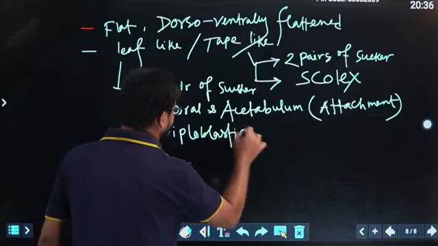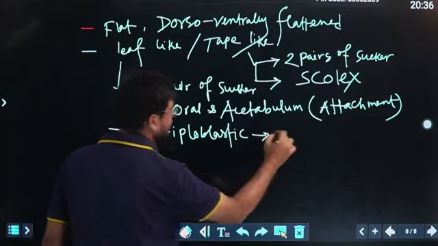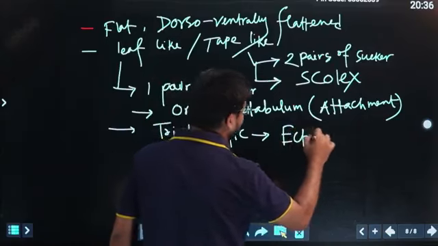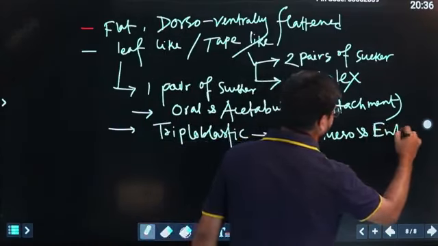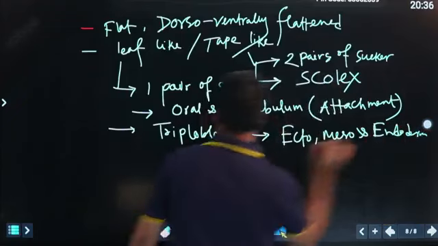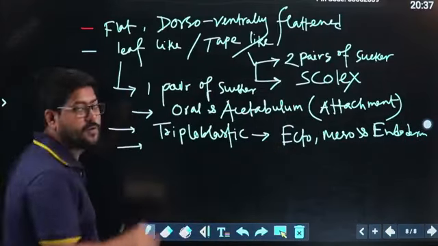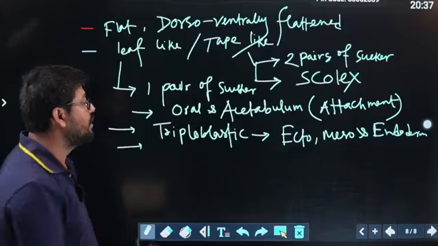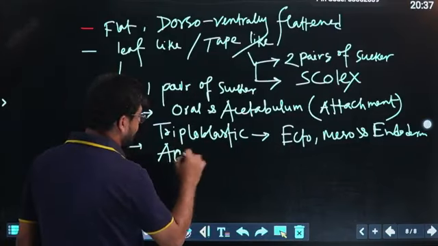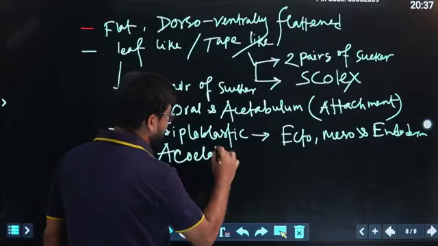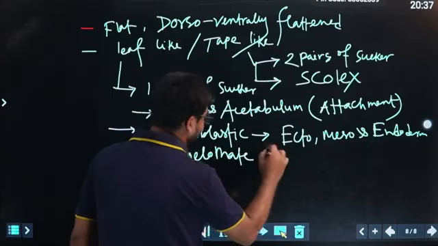That means three germinal layers are present: ecto, meso, and endoderm. Mind it. Next, as they are triploblastic animals, you have to know whether they have a coelom or not. No, they have no coelom. That is why they are acoelomate animals.